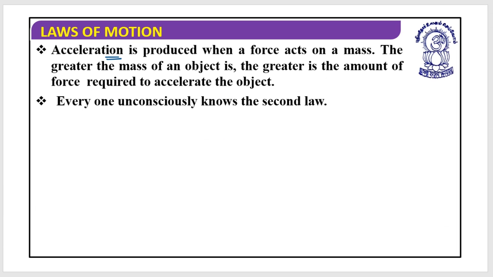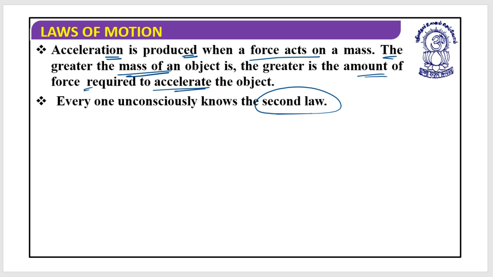We can say acceleration is produced when a force acts on a mass, and the greater the mass of an object, the greater is the amount of force required to accelerate the object. So the higher the mass, the higher the amount of force you require to accelerate your object. So what we understood from this is that directly or indirectly we know what the second law is.